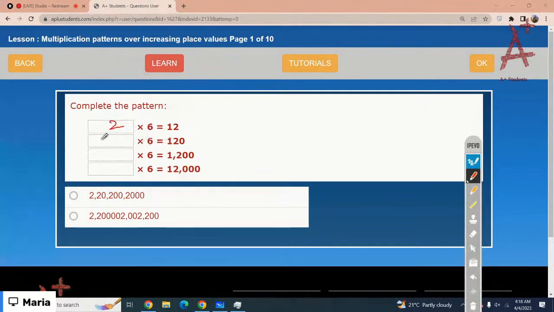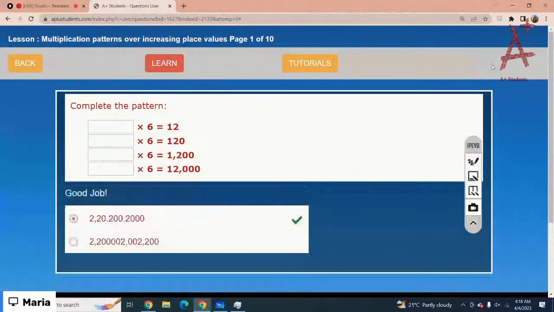Then you have 6 times 20 makes 120 because here you have 1 zero, so here you have 1 zero. It will be 6 times 200 makes 1200 and 6 times 2000 makes 12000. Got it? Yes, that would be option number 1. 120, 1200 and 12000. Option number 1 is the correct option. Yes, very good.